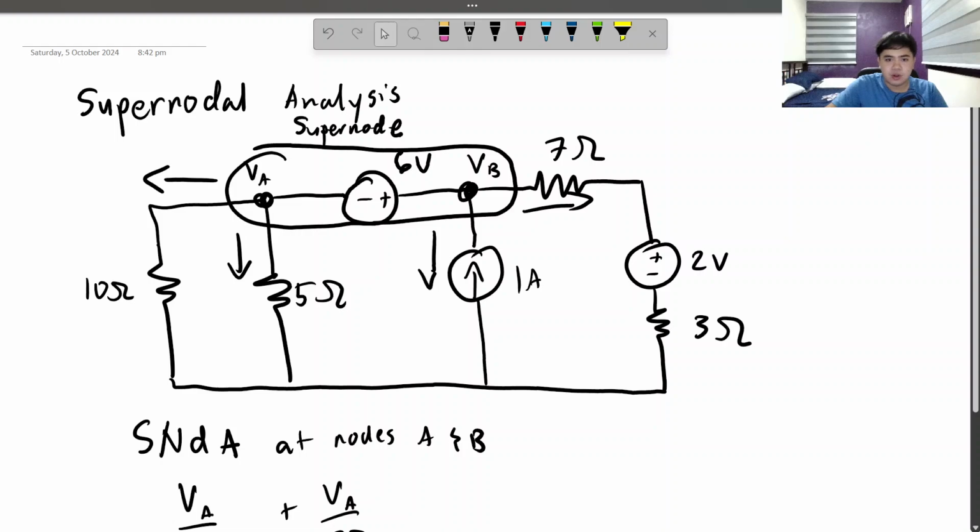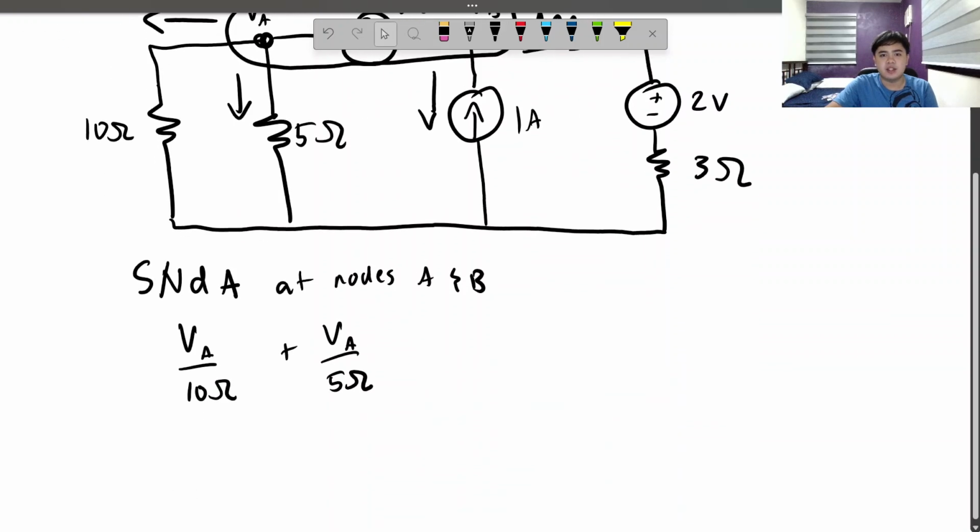Going down, there is a current source flowing through it. So whatever resistors there are, we don't need to care about it because we already have a current source. So it's flowing away from the assumed current of VB, and it is 1 ampere. So we should subtract 1 ampere here.